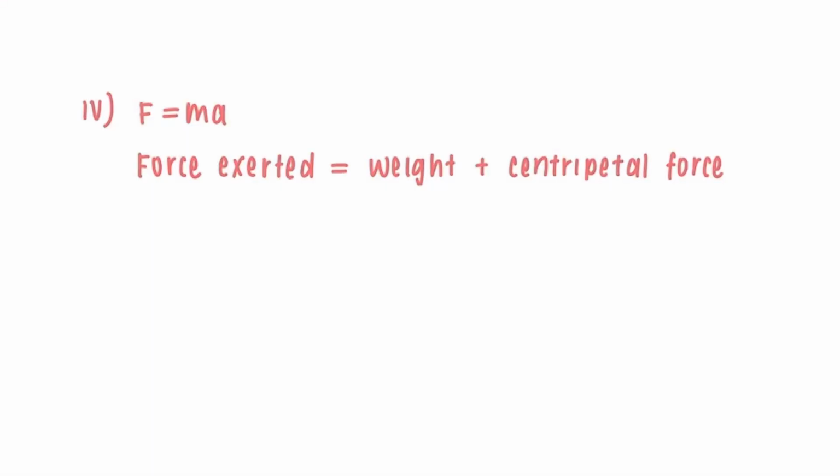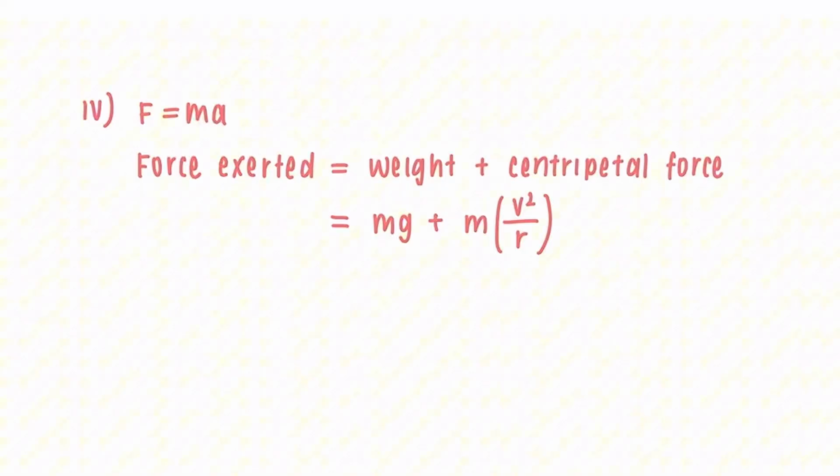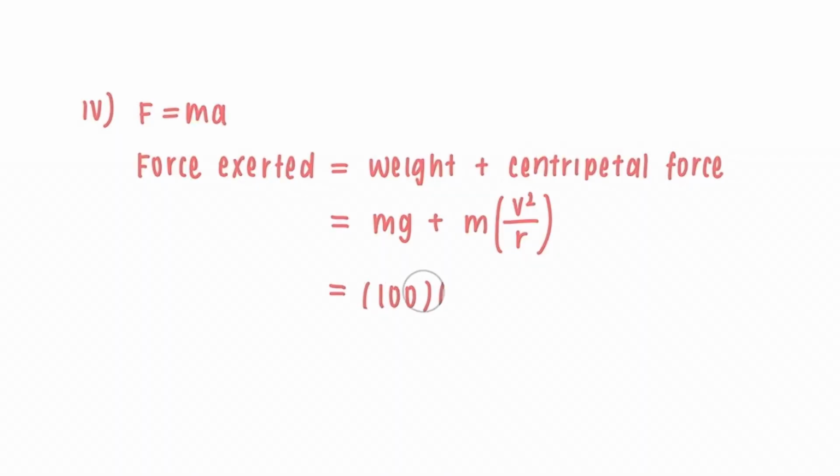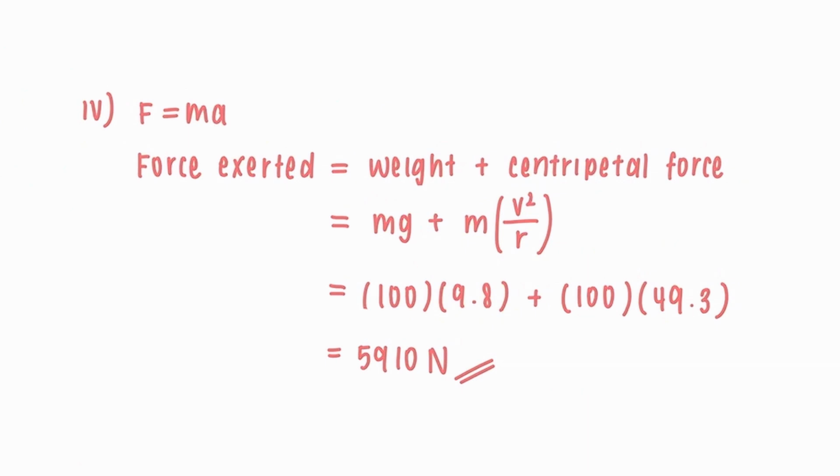So, by applying the equations, mg plus ma, and earlier on, you found that a equals v squared over r. So you can sub in the new equation, which is mg plus m(v squared over r). After subbing in the values, 100 times 9.6 plus 100 times 49.3, in the end you will get 5,910 Newtons.